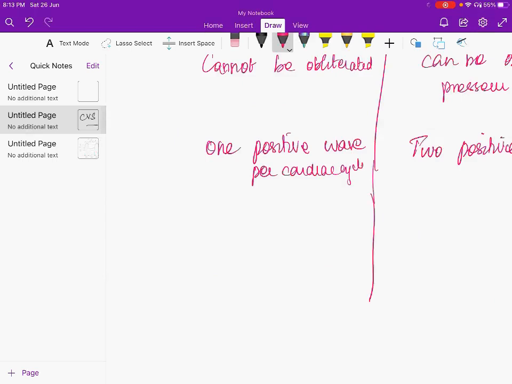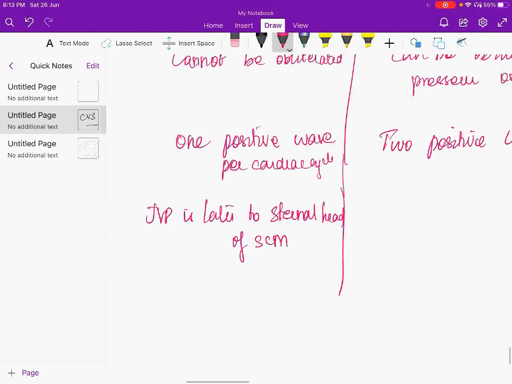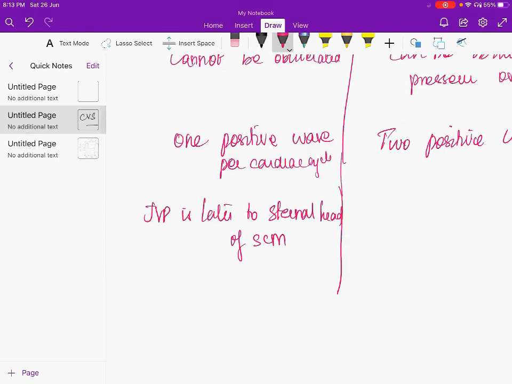One more with anatomical position. How can we differentiate with anatomical position?